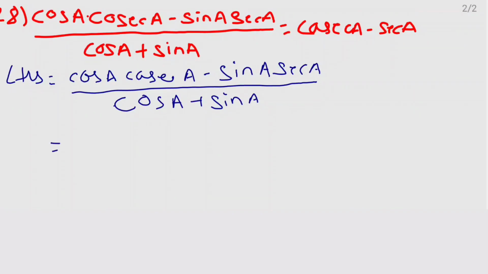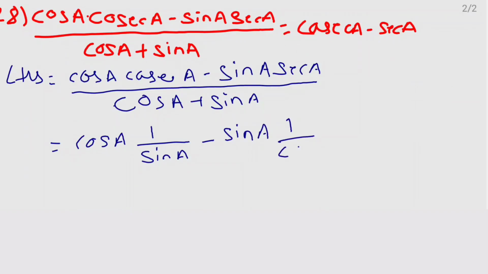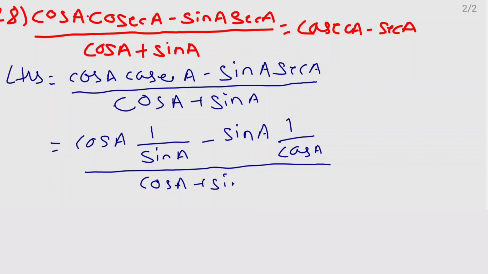So now here cos A as it is, cosec A we can write 1 divided by sin A, minus sin A as it is, and sec A we can write 1 divided by cos A, and this divided by we have cos A plus sin A as it is.